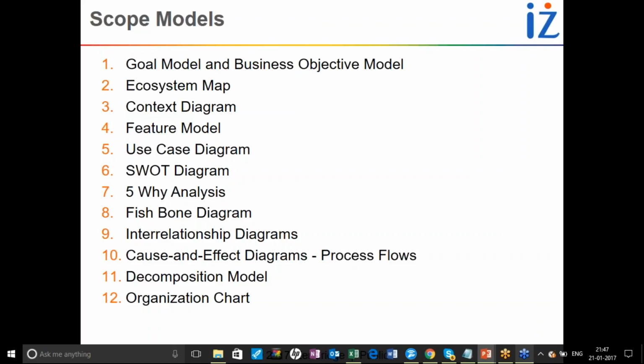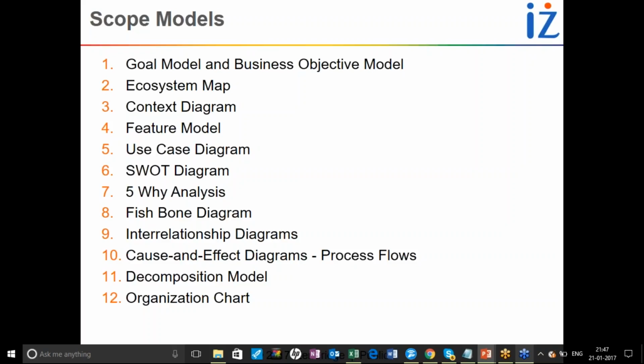SWOT diagram helps you know the root of the problem and what is the right problem to solve. This diagram is used when the solution needs the consideration of external opportunities and threats, and internal strengths and weaknesses.